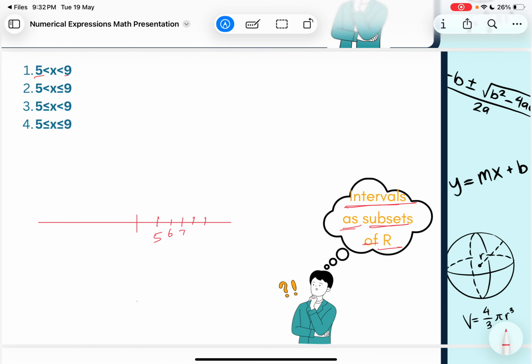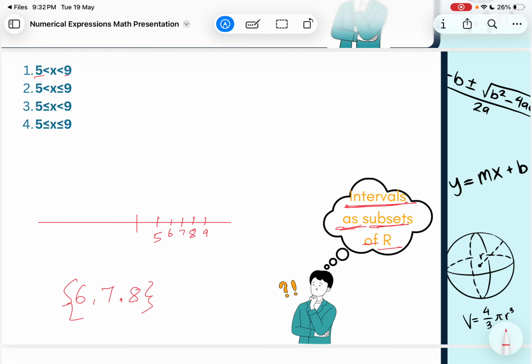In this set the elements will be greater than 5, so 6, 7, 8, and less than 9. So there will be only these elements in that set.